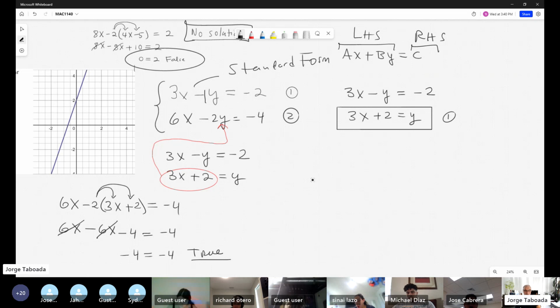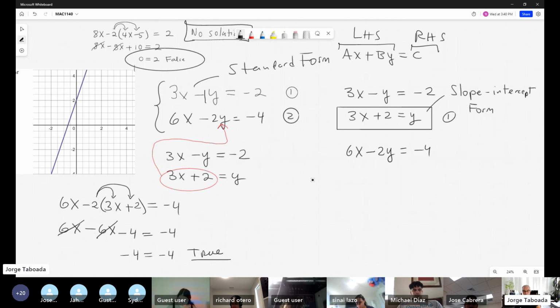Let's take now the second equation. If we are doing exactly the same thing, I try to solve for y. So basically, I want to express it in slope-intercept form. Negative 4.